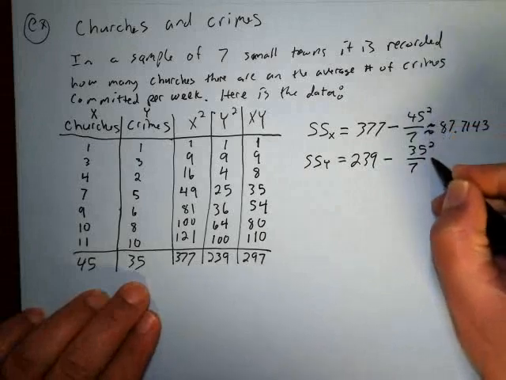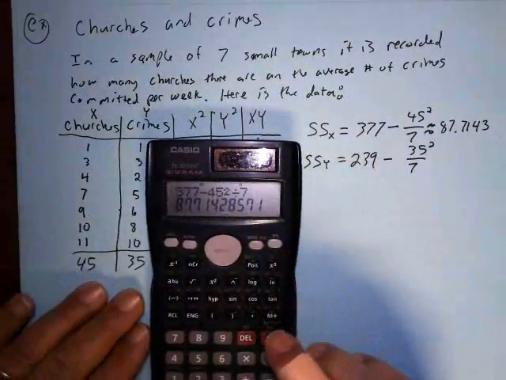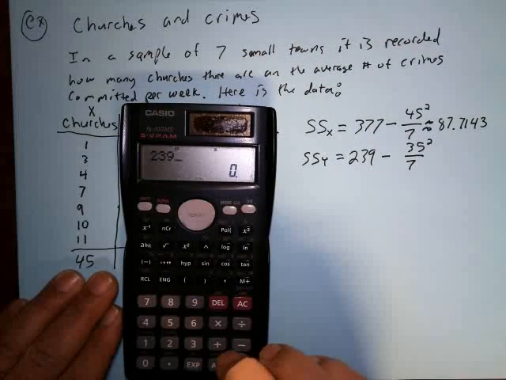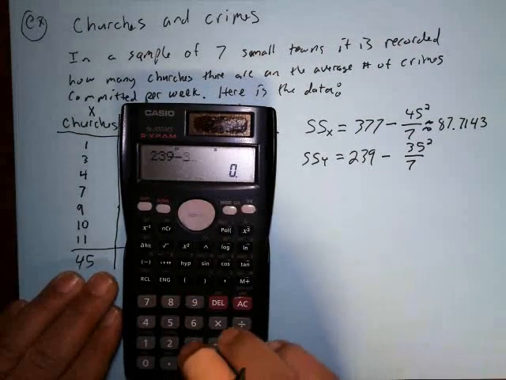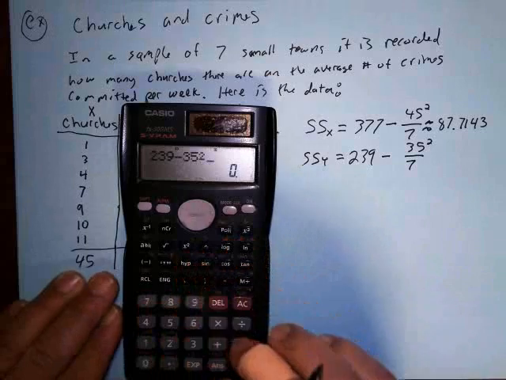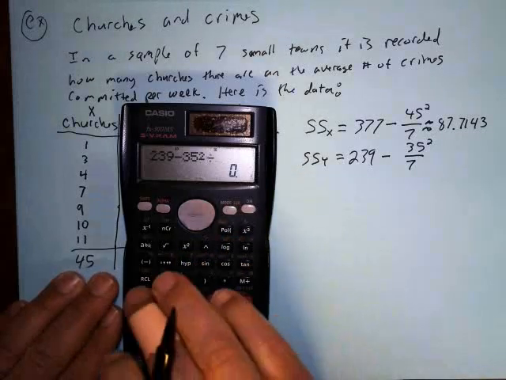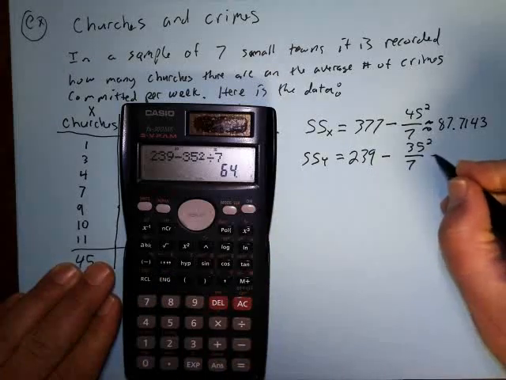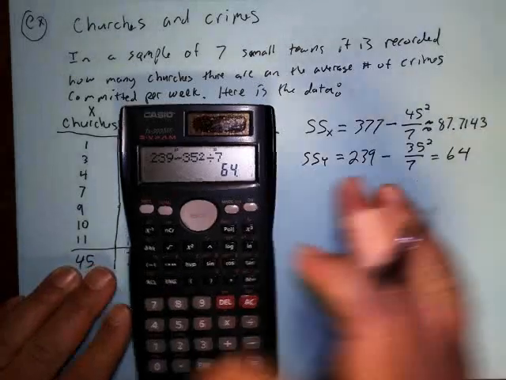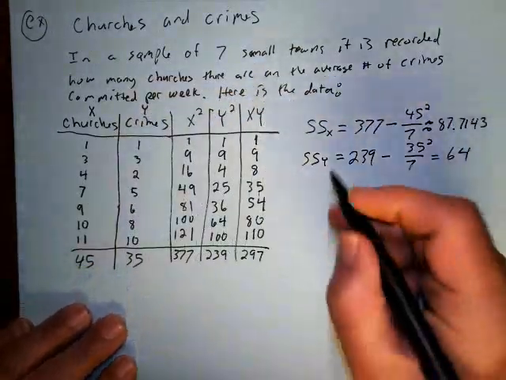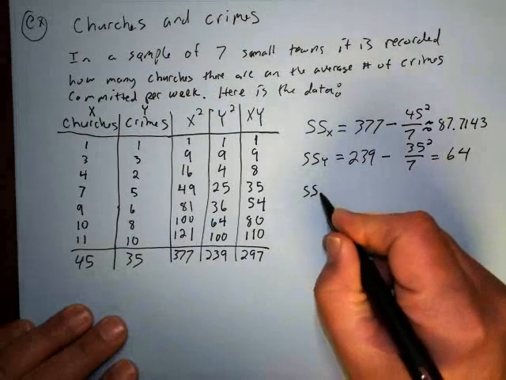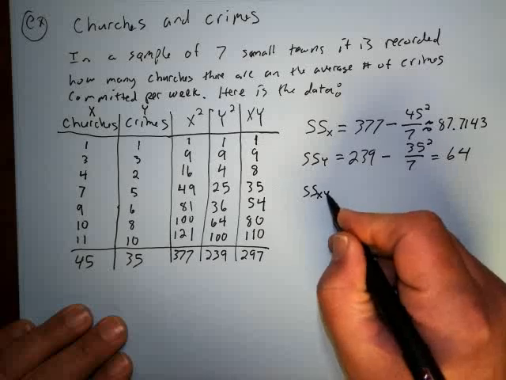This is approximately... so this one, let's see what we get. 239 minus 35 squared divided by 7. And that actually comes out real nice, 64. And then finally, SSXY.